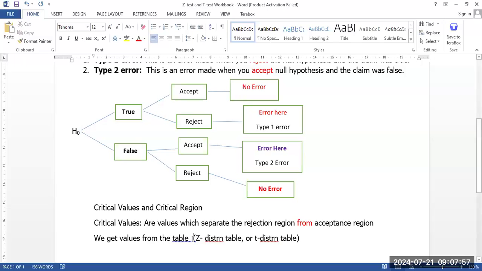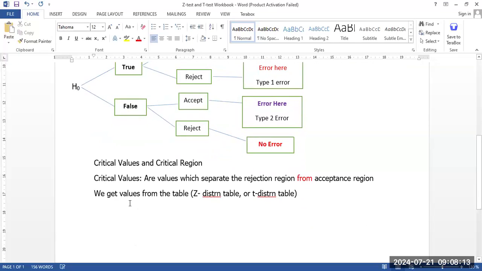So every time we are reading the value from the table is to help us to create a line, separate acceptance region from rejection region. Every time we are getting values from the table, know that we want to create that line, separate our acceptance region from rejection region.